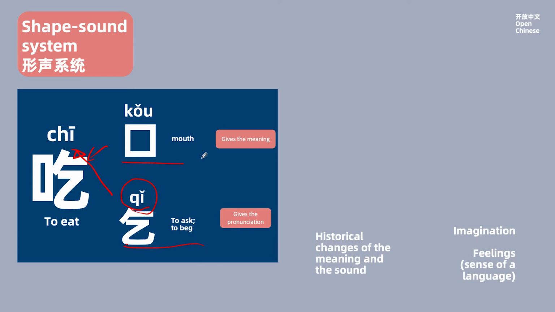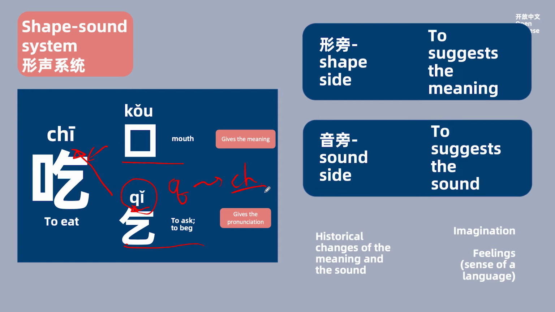But actually, when you think in the Chinese pronunciation system, 乞, this vowel here, qi, it's very similar to this vowel, chi. It uses a similar part of your mouth to give the sound out. And also in many of the southern China area, this character 吃 is pronounced qi. Like in Nanjing or in southern part of Anhui, 吃 is pronounced qi.